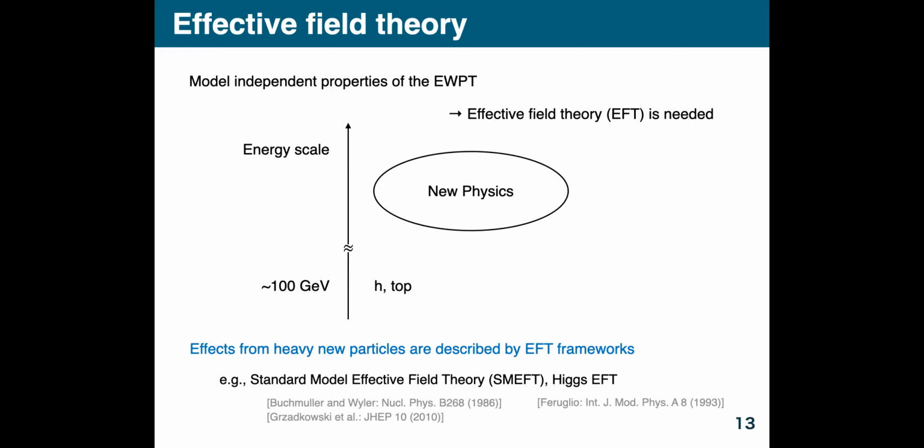Then we need an effective field theory which can appropriately describe the first order electroweak phase transition. In general, to explain phenomena beyond the standard model, we often assume new physics whose scale is higher than the typical electroweak scale. And the effects from such heavy new particles can be described by using the EFT framework.